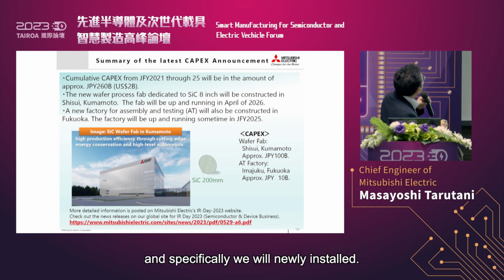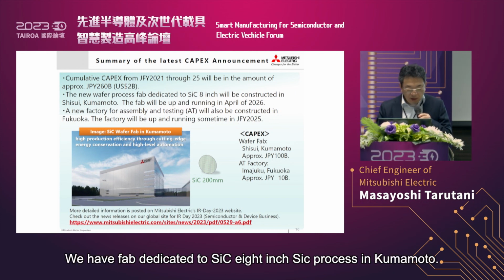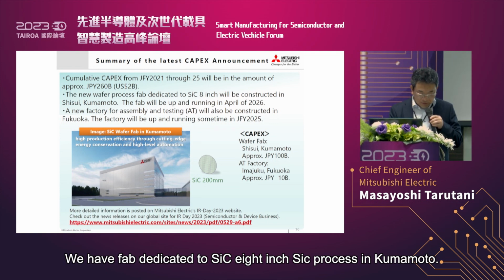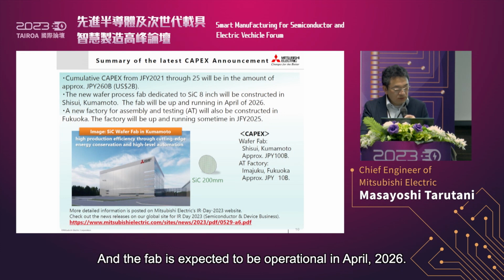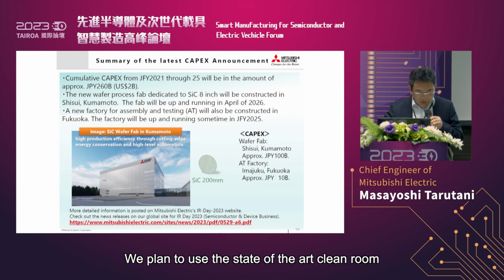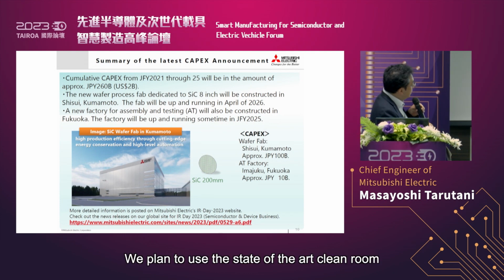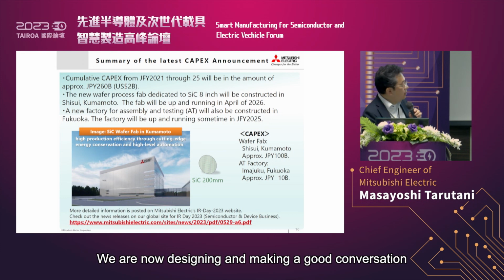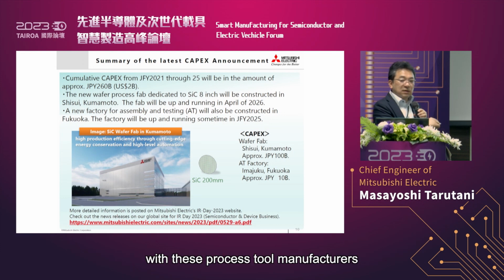Specifically, we will newly install a fab dedicated to 8-inch SiC processes, also in Kumamoto. The fab is expected to be operational in April 2026. We plan to use a state-of-the-art clean room here, and also the factory automation product line and systems. We are now designing and discussing this with the process tool manufacturers.